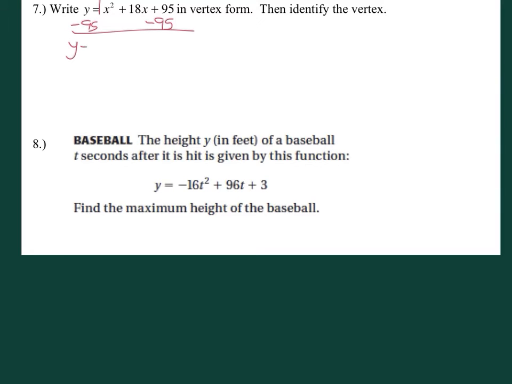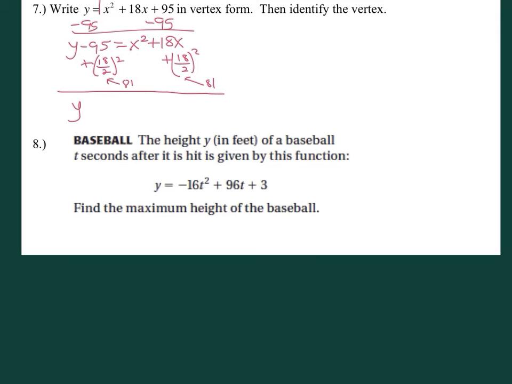So we'll have y minus 95 equals x squared plus 18x. I'm going to take half of my coefficient of x and square it and add it to both sides. Well, half of 18 is 9, squared is 81, so I'm really adding 81 to both sides.